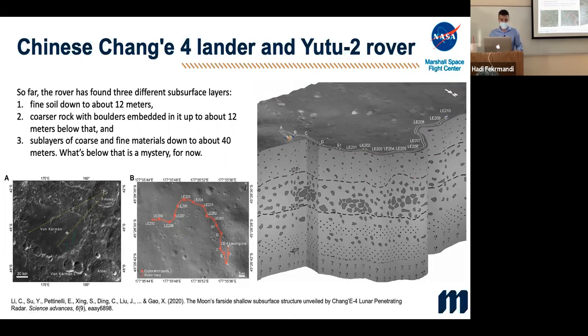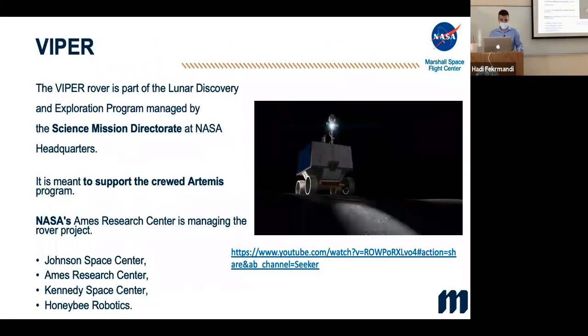It is really promising, and these results show that doing the exploration at a polar point of the Moon would give much more interesting results. So VIPER is the mission. If you were following the news, you might have seen that the VIPER rover was awarded to Astrobotic.